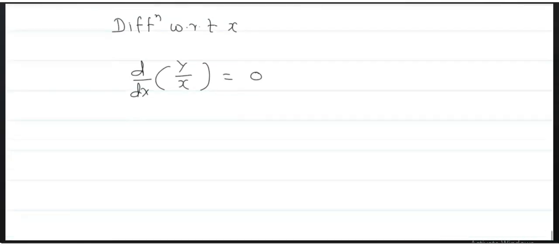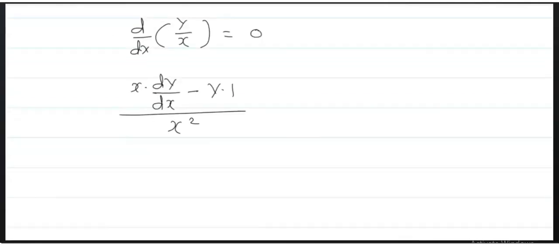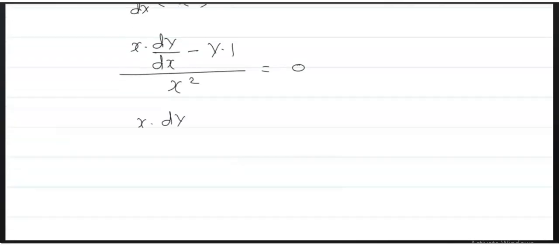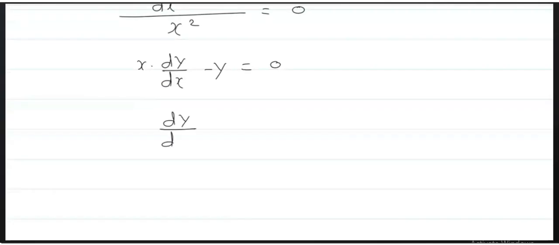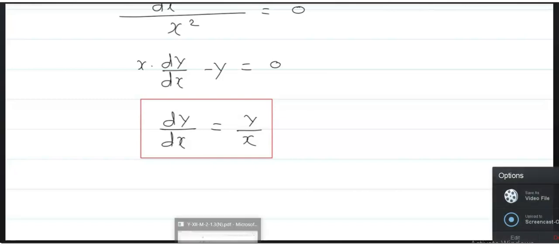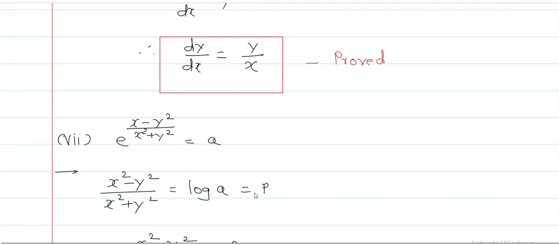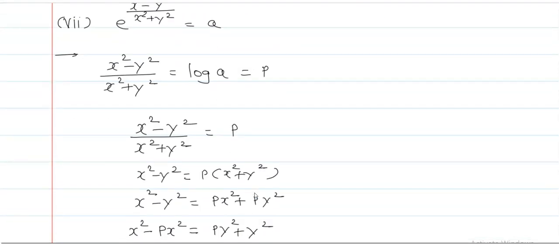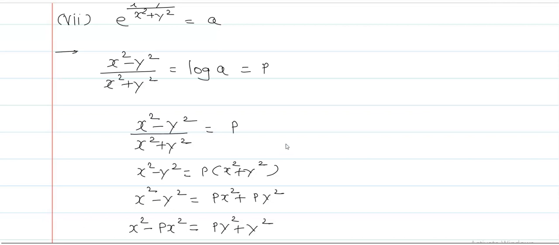Now differentiate this with respect to x. Therefore, x into dy by dx minus y into 1 upon x square. Therefore, dy by dx is equal to y upon x. Now see this again here. This 2 is a log a, that is equal to p.